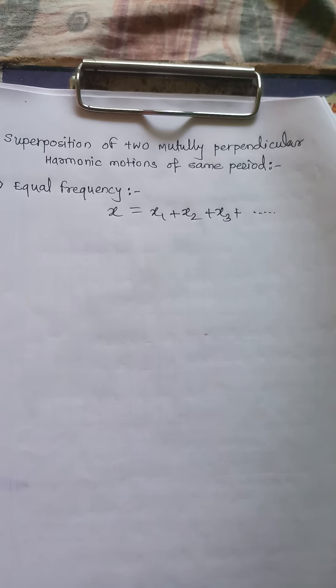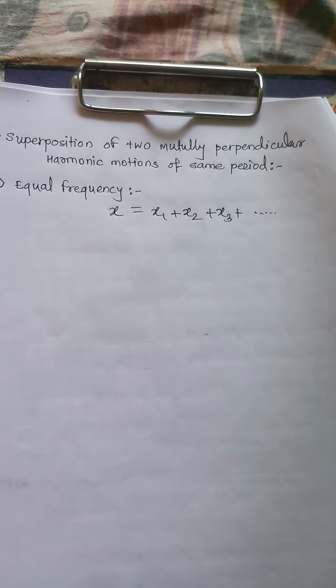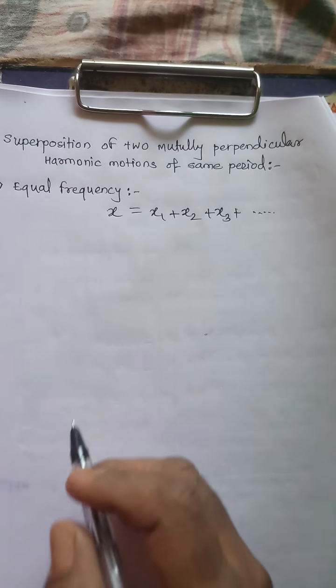Then the two simple harmonic motions have the same center, the origin. The particle moves in a plane in such a way that its two coordinates x and y oscillate with simple harmonic motions, and the equations are as follows.